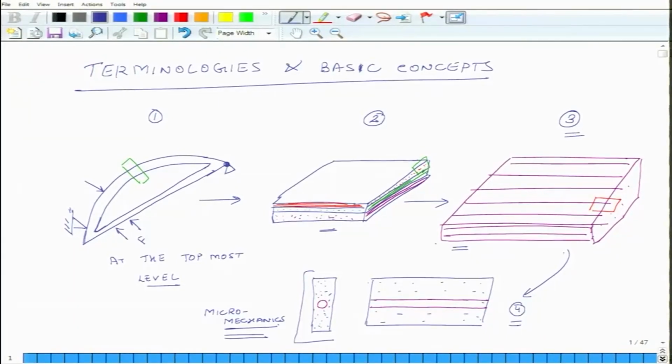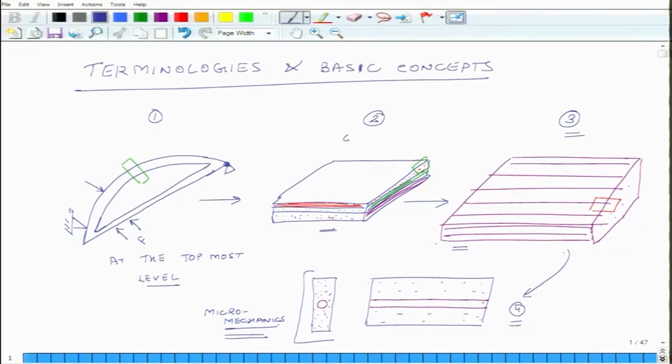Once we have a good understanding at level 4 and level 3, then using that knowledge we develop another theory to understand the behavior when several such layers are stacked up together.